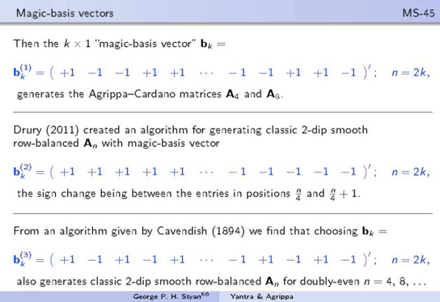An algorithm given over 100 years ago by Cavendish used, or suggests using, he didn't have the vector bk, but his method leads to a vector bk here super 3, where the signs alternate: plus, minus, plus, minus, plus, minus, and so on.